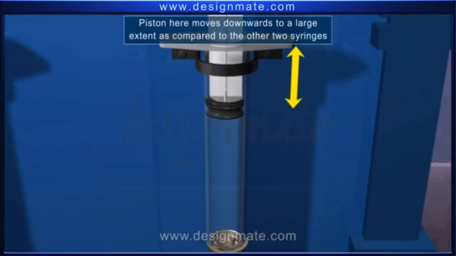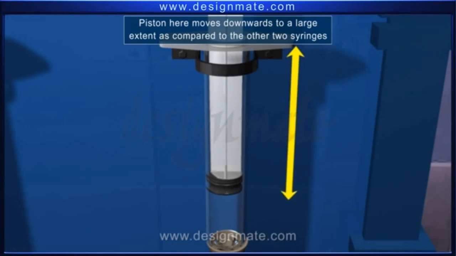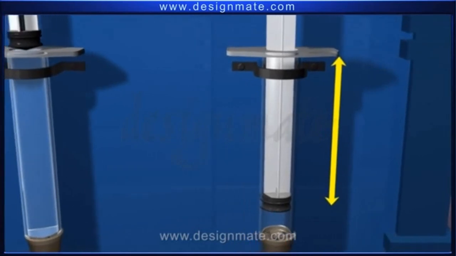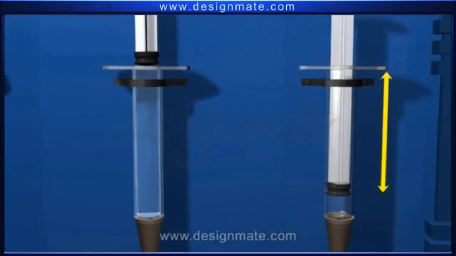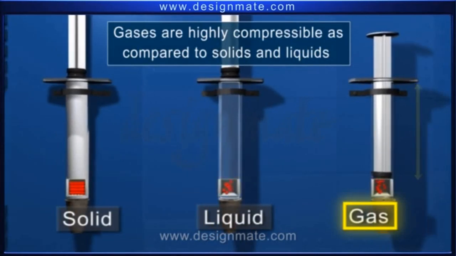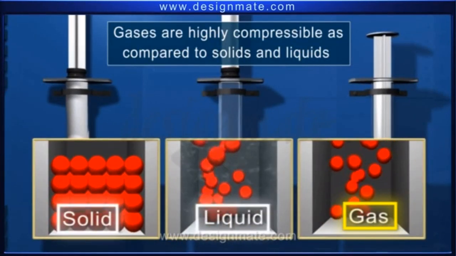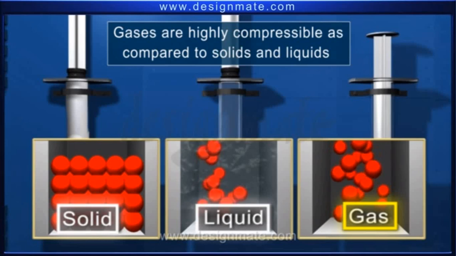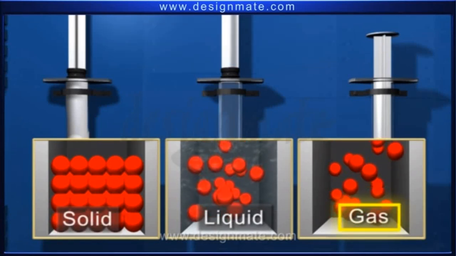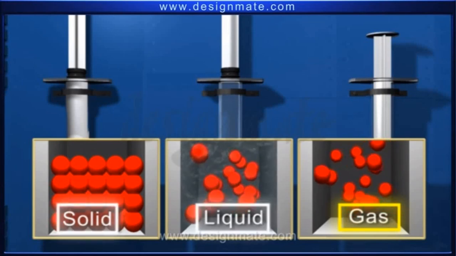The piston readily moves downwards to a greater extent as compared to the other two syringes. Hence, we can say that gases are highly compressible as compared to solids and liquids. This is because the interparticle distance in gases is larger as compared to solids and liquids.